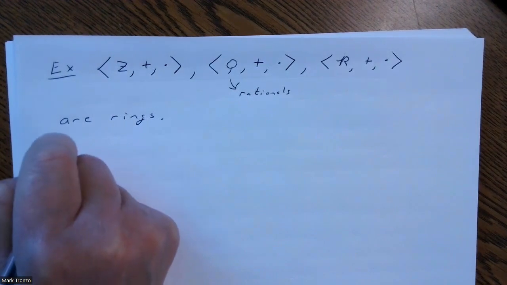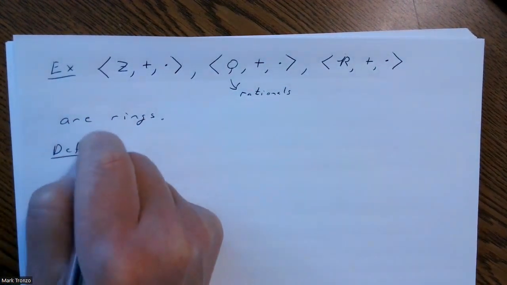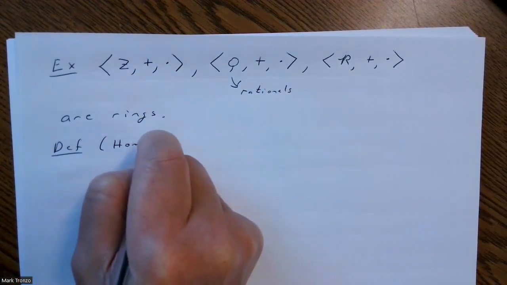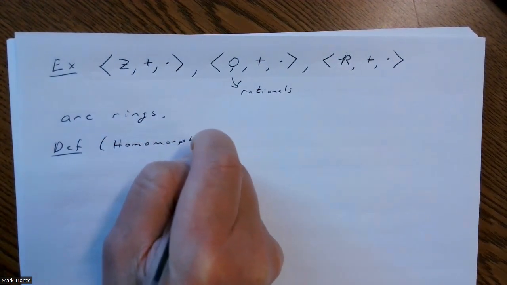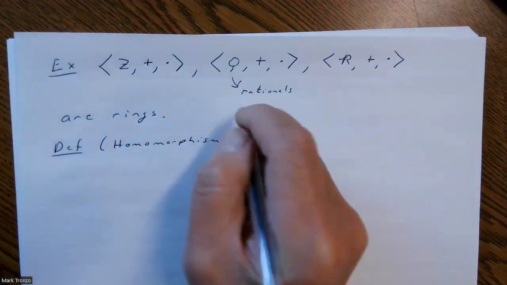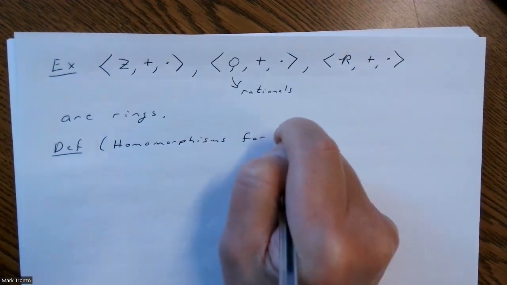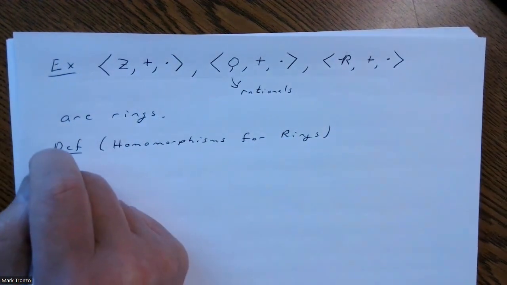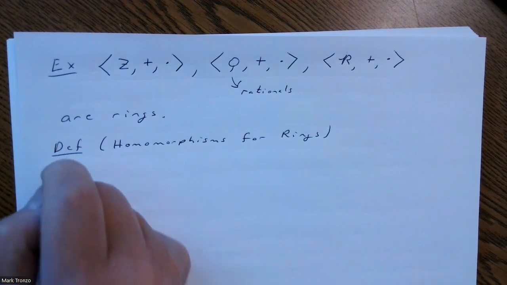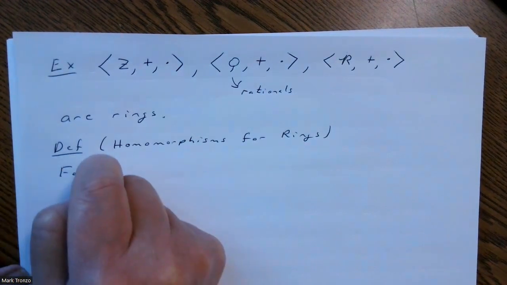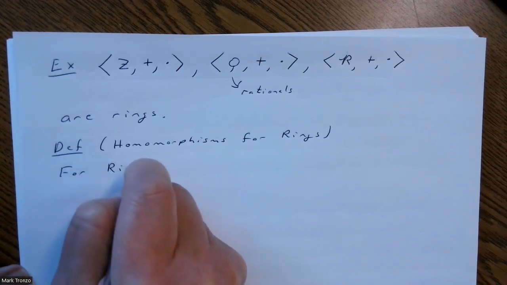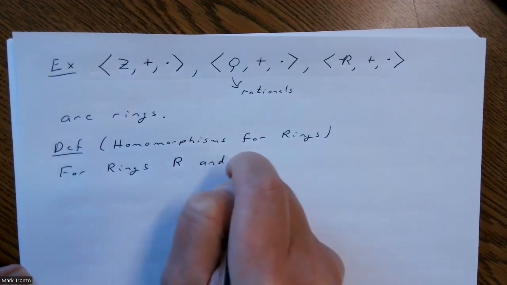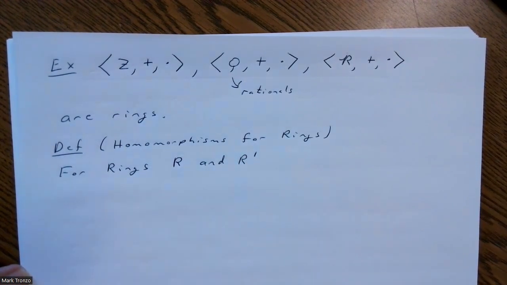And then we have another definition, for homomorphisms of rings. Once again, when we say R and R prime, these just mean two different rings.